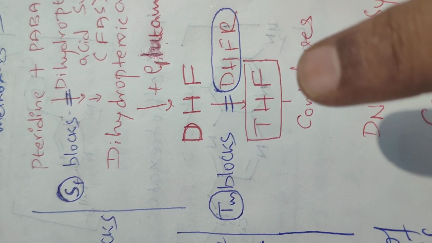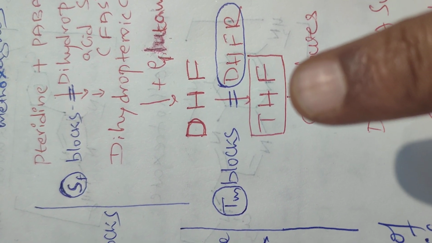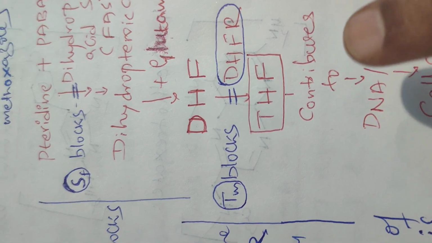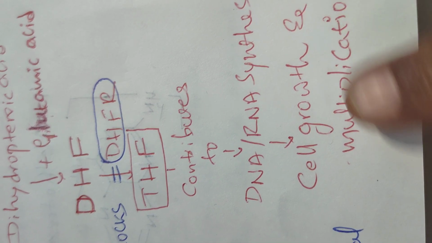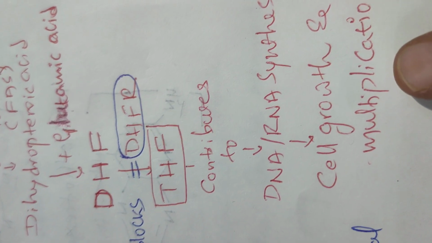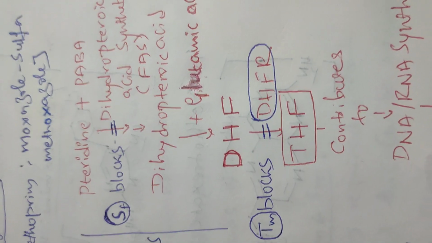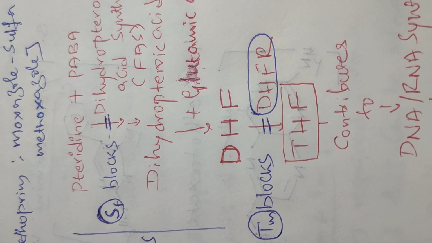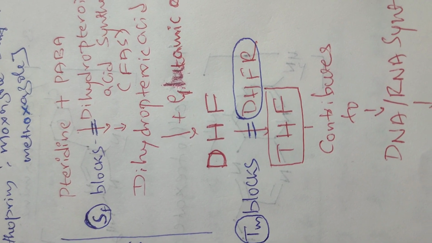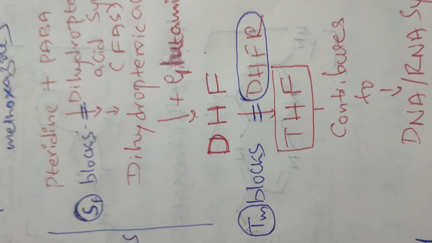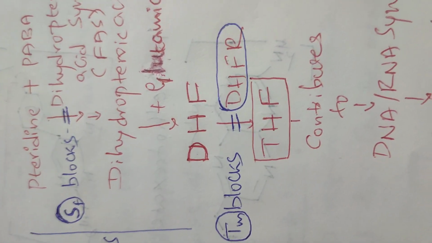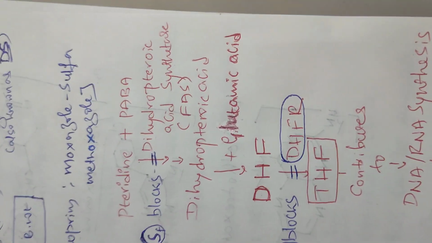When the active form of folic acid is not available, it cannot contribute to DNA or RNA synthesis. Thus, cell growth and multiplication is inhibited. So it is very clear that the first step is inhibited by sulfamethoxazole and the second step by trimethoprim. These two drugs offer a double check on the same metabolic pathway.